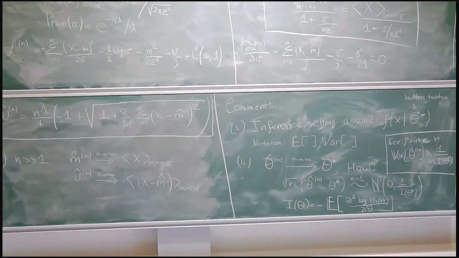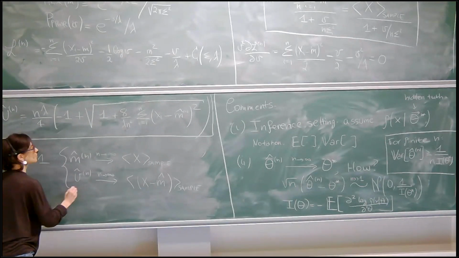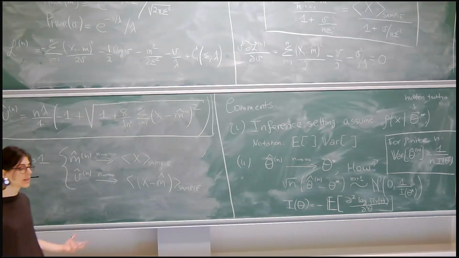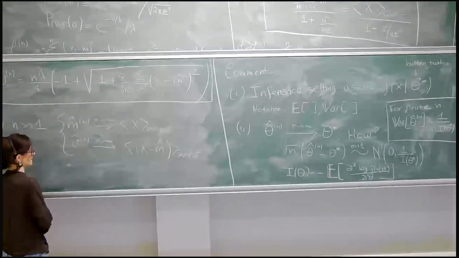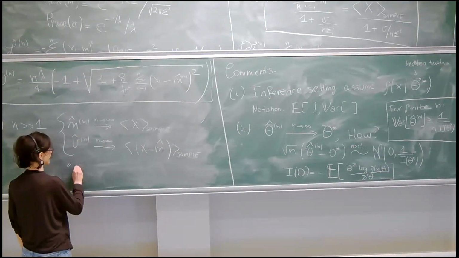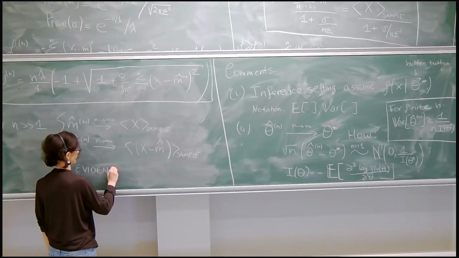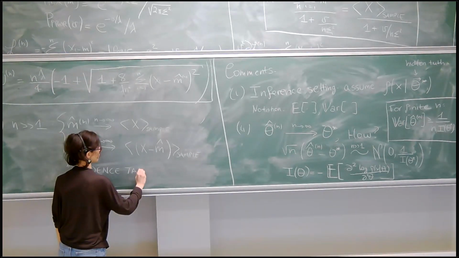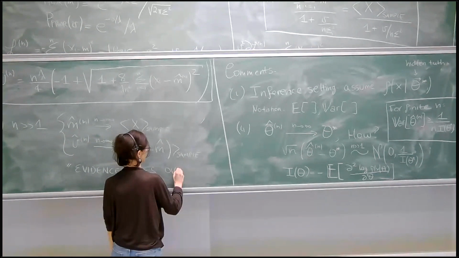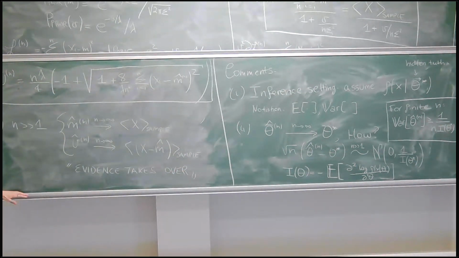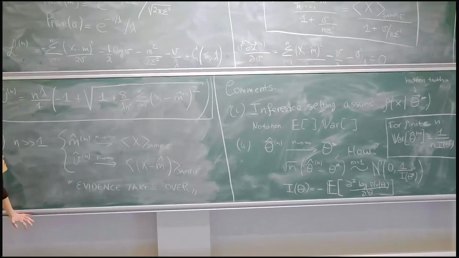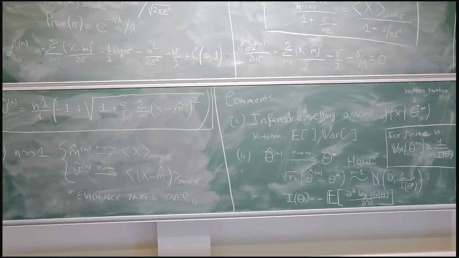And this is something good that you may expect. What this is telling you can be summarized as: evidence takes over. You had some prior guess of what were possible values for m and for v, given their distribution.